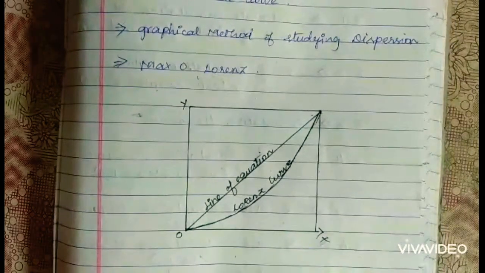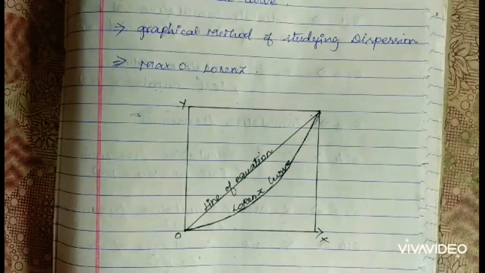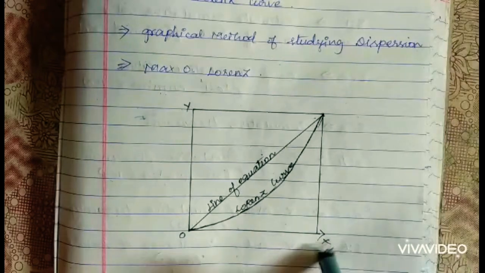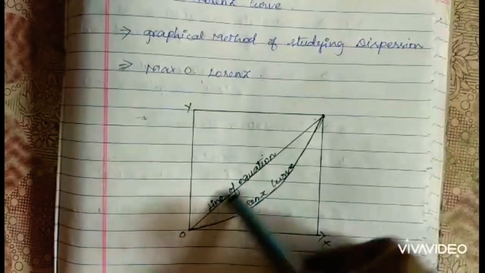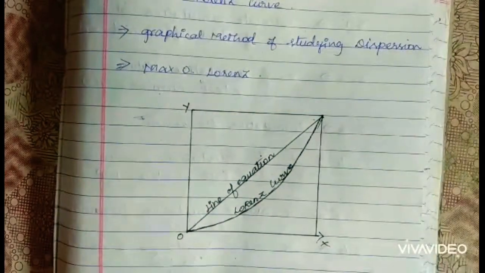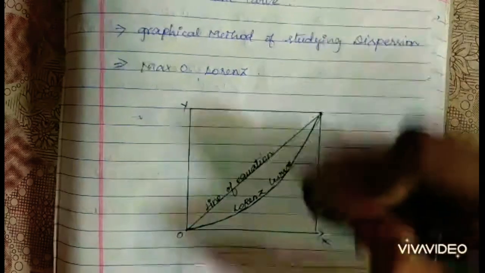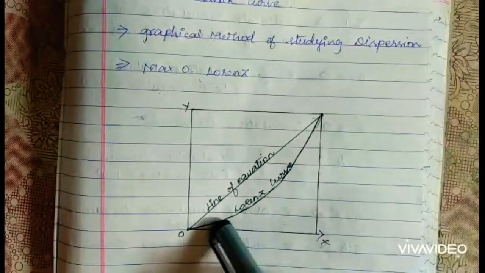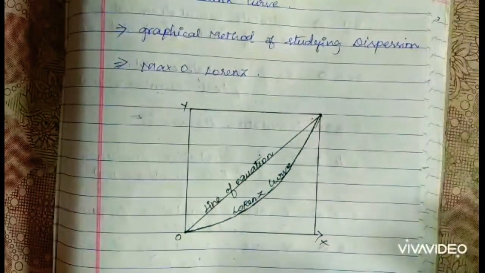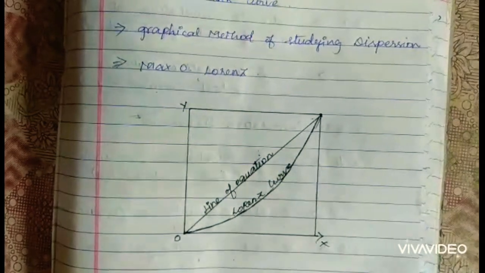Now the structure of the Lorentz curve, how the graphical presentation should be. There is the x-axis and the y-axis, and the center line is called the line of equation. This line represents the equal line, an equal separation of the two sides. The Lorentz curve is the curve after plotting the values we have got.